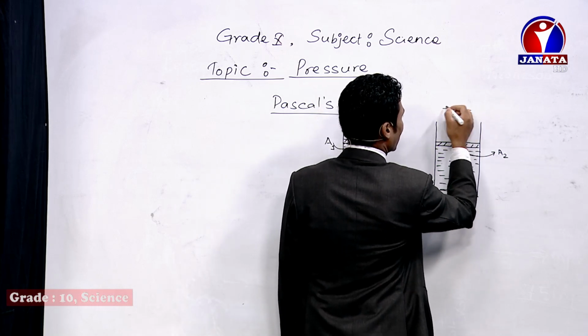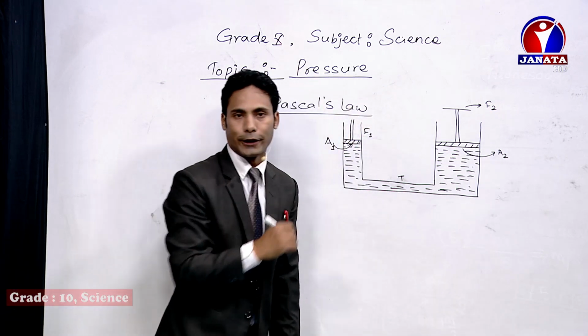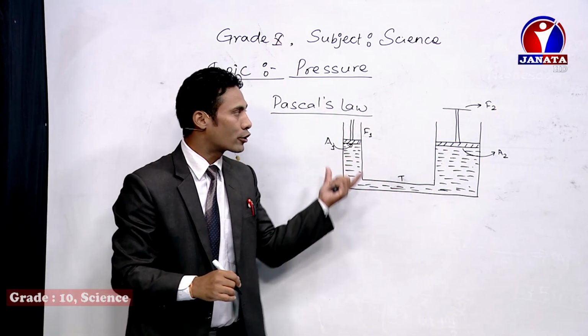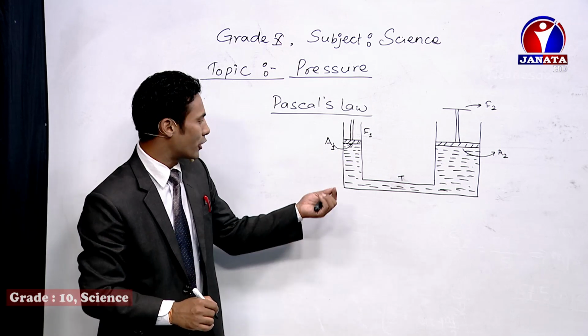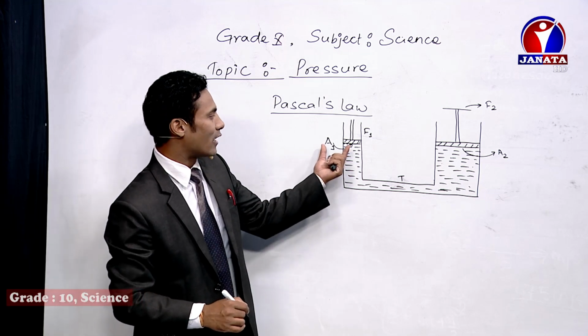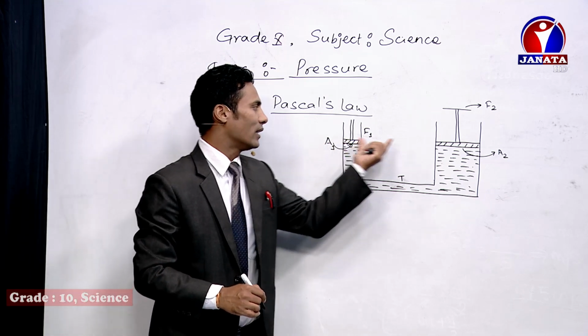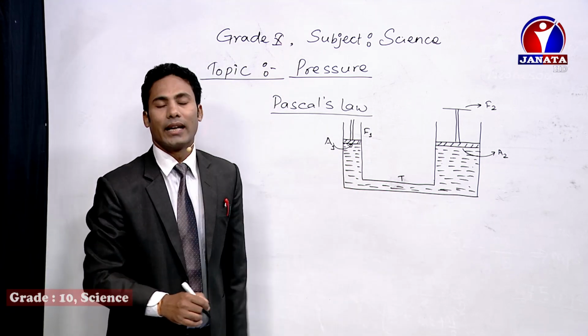So this is the construction of the hydraulic machine. It consists of two cylinders of different diameter, two pistons, piston 1 and piston 2, and the liquid is placed inside it.